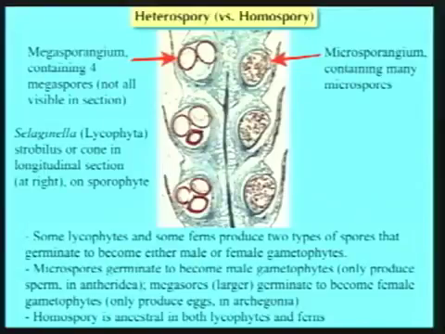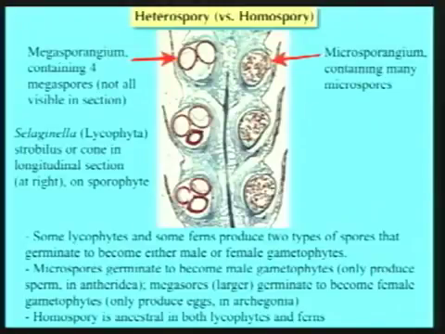Remember, there was just one type of spore that gave rise to one type of gametophyte that bore both types of gametangia. It produced both sperm and eggs on the same individual. And I should mention that ferns have differential timing of sperm production and egg production on the same gametophyte that tends to limit selfing. Otherwise, there'd be potentially a lot of inbreeding.